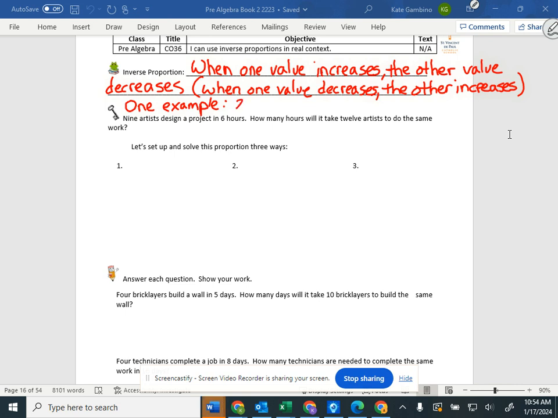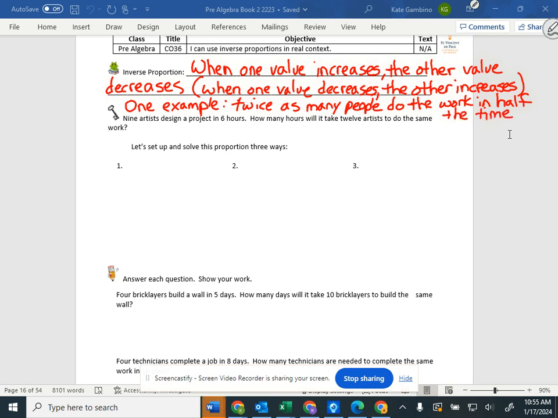Twice as many people do the work in half the time.